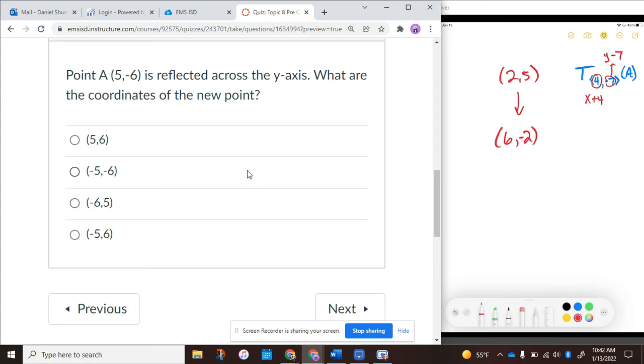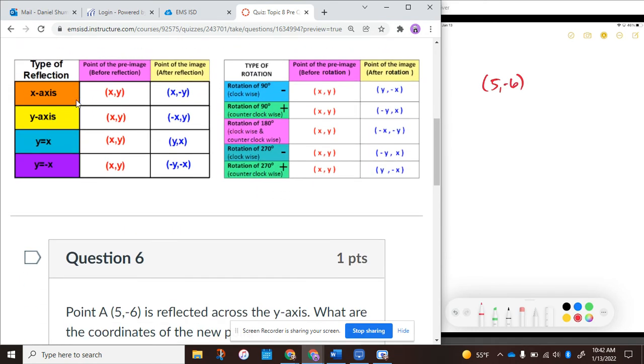Next question. We've got another one with point A given to us, and it tells us that it's reflected this time. All right, point A, we start off at 5, -6, and we are being reflected across the y-axis. Look at your chart if you're really worried about this.